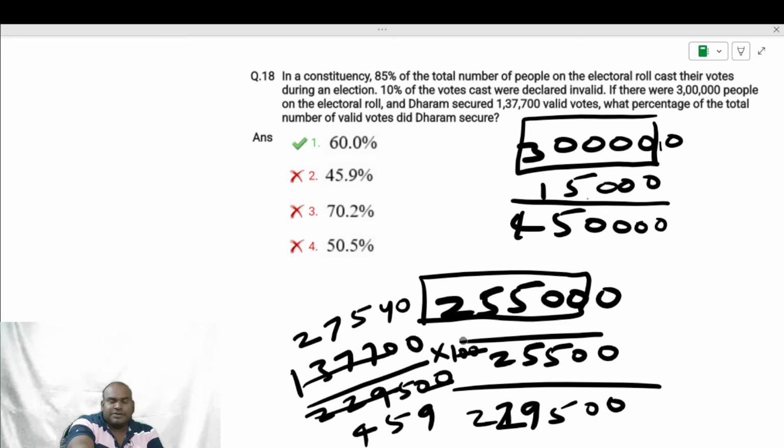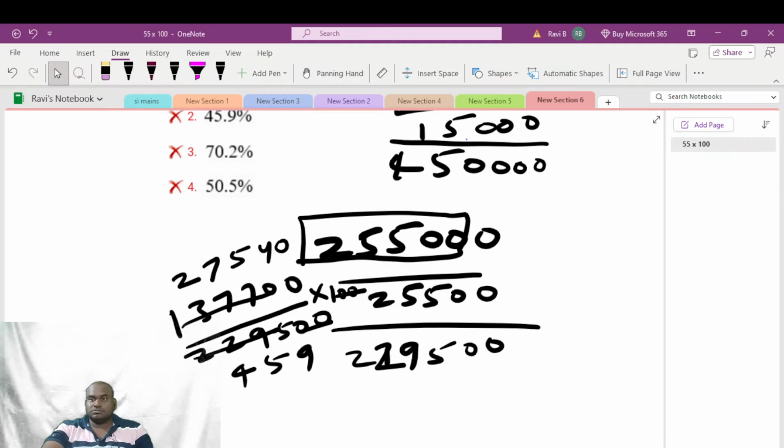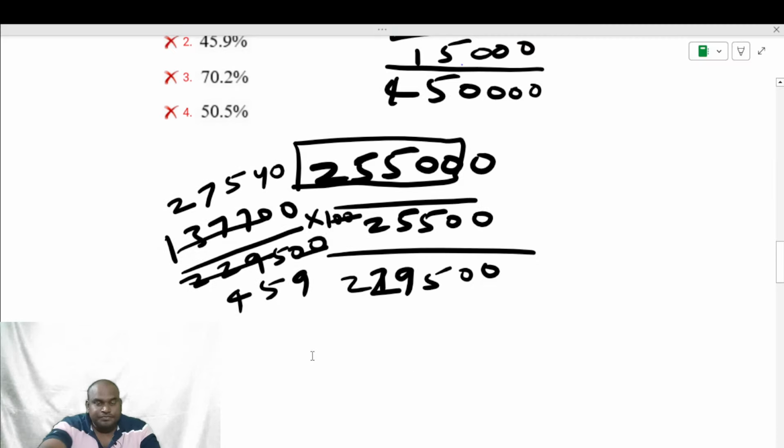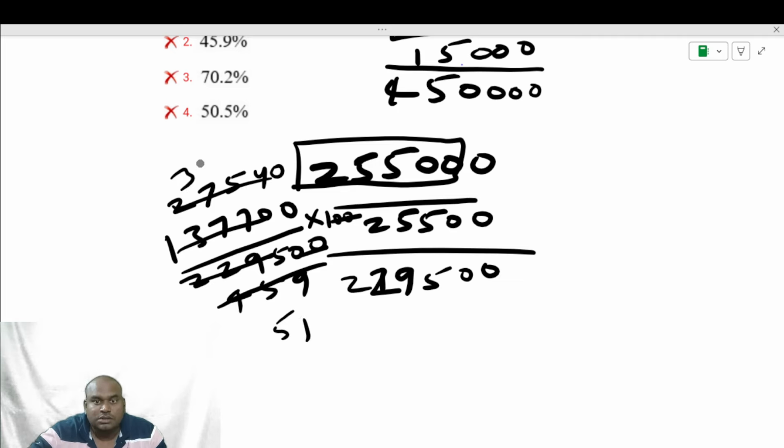2754. Okay. Further, 9 5 are 45, 9 3 are 27. So we got 60 times.